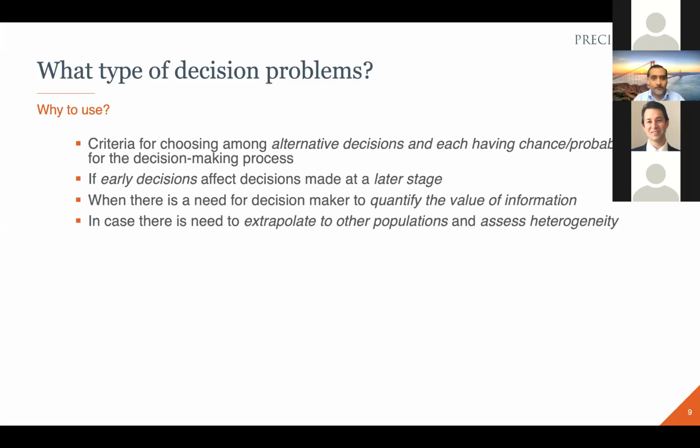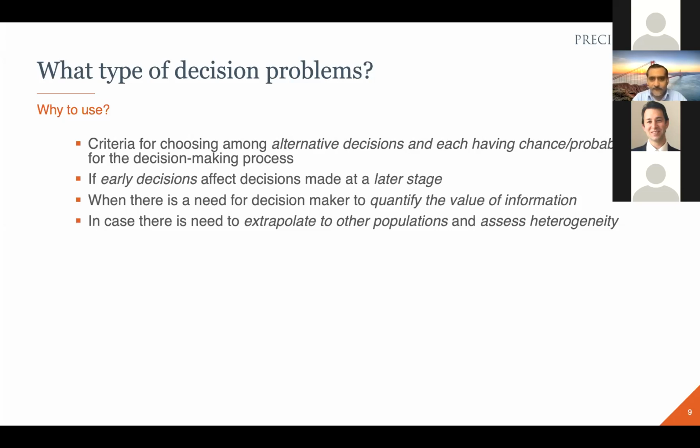If you know that an early decision is affecting later-stage decisions, then a decision tree might be helpful. But again, a decision tree is not a time-dependent model. So it's not a dynamic model, although we can build in time in a very simplified way in some sense.